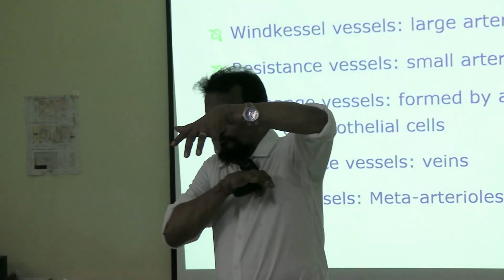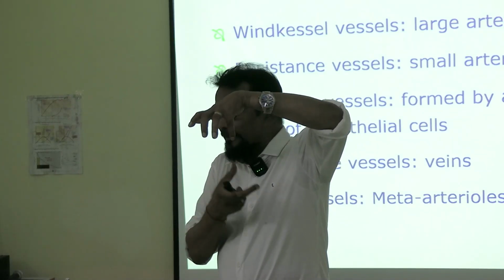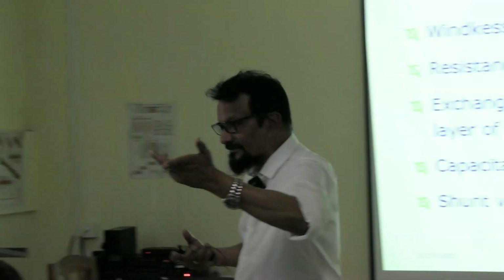Because the blood is passing through the lumen, and in the blood there are different types of blood cells. One is platelets. The platelets are very fragile. If they find any rough surface, they will be broken down and there will be coagulation of blood, blood clotting. To prevent that, it should be smooth.